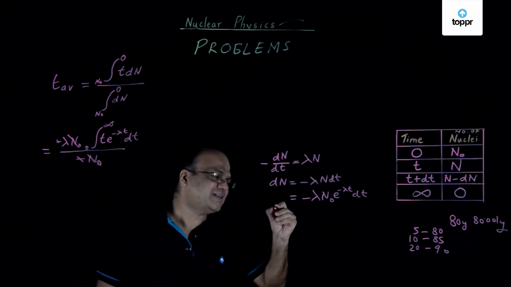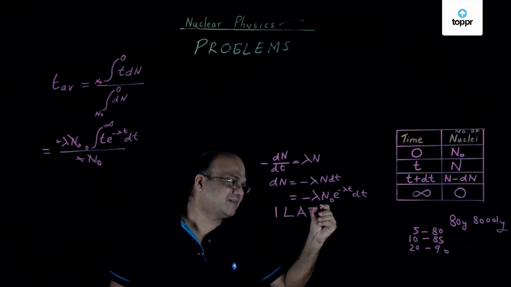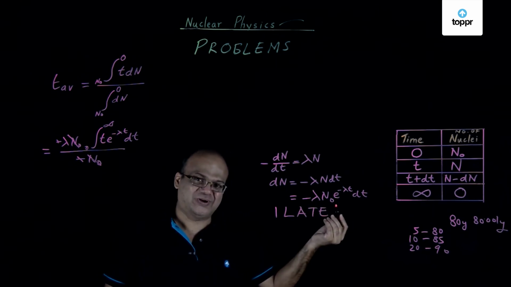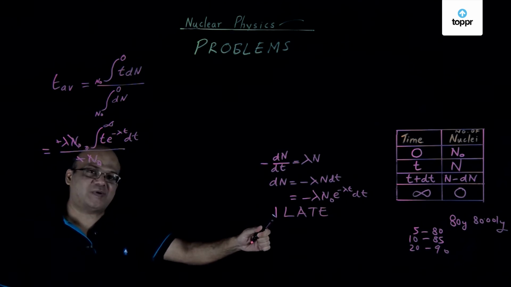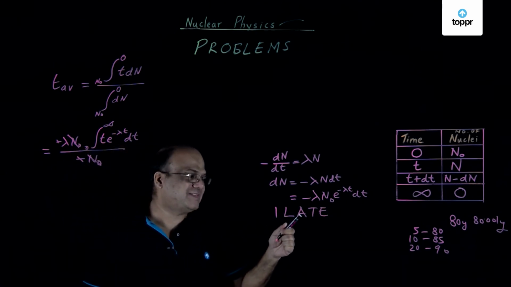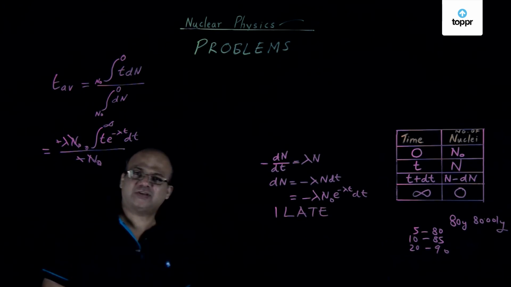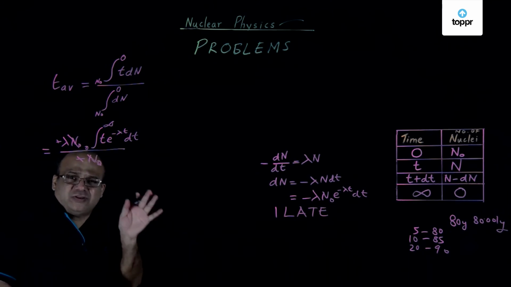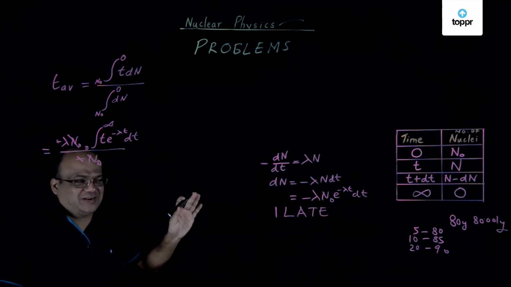And for that there is a simple rule, I late. Always I get late, so I late. First one is inverse trigonometric function, L is logarithmic function, A is algebraic function, T is trigonometric function, E is exponential function.